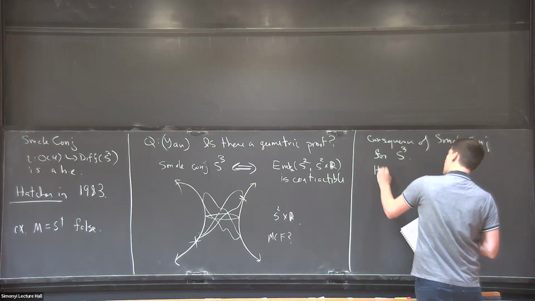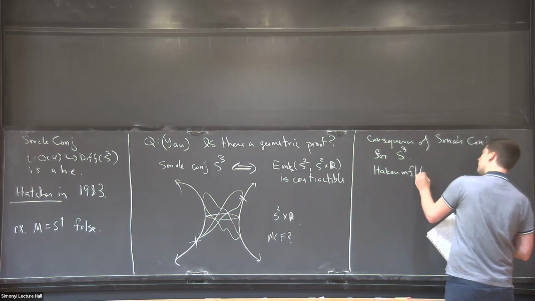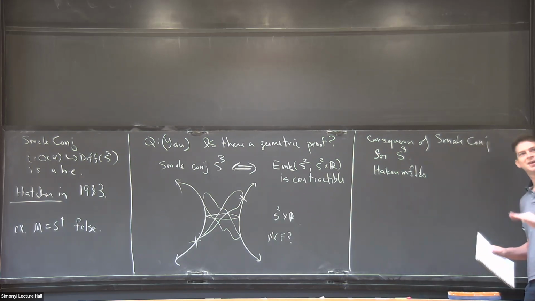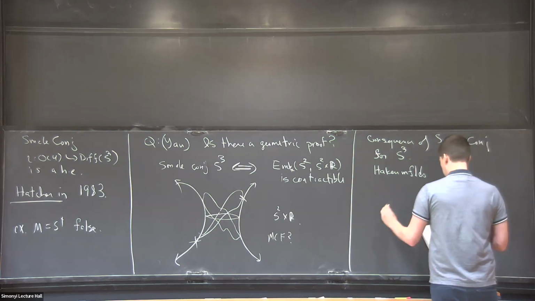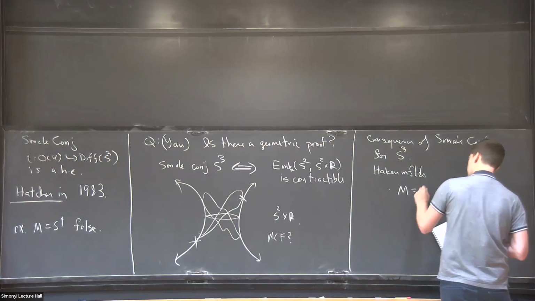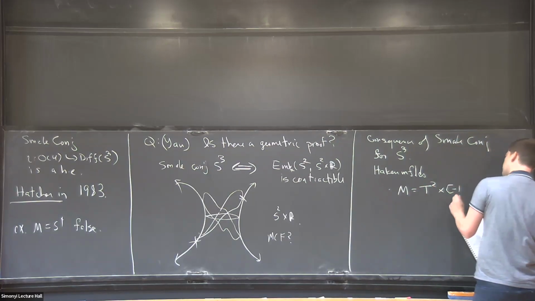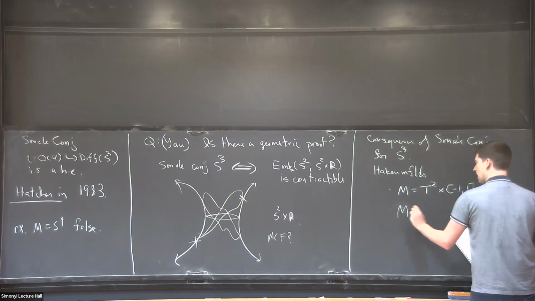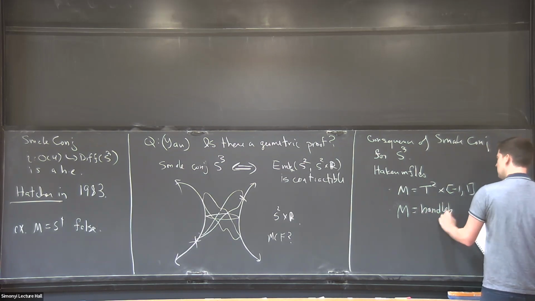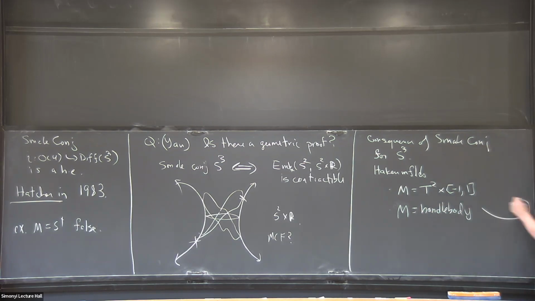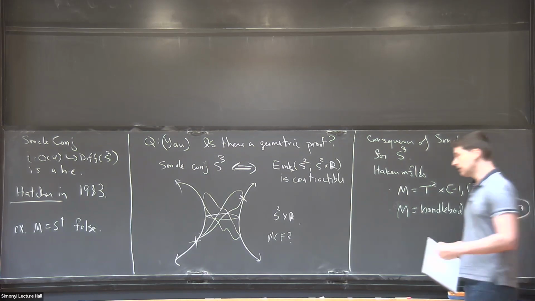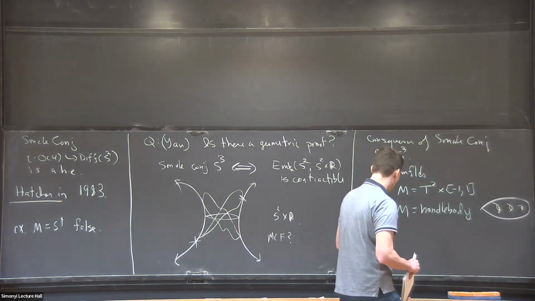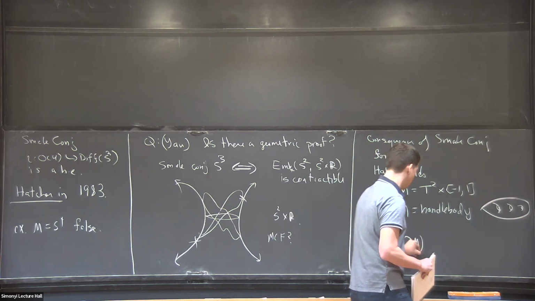Okay, so I won't say the full statement, but we need the following. So this is for Haken manifolds. Let me not even define it. It just means that there's an incompressible surface in the manifold. So here's two examples. If I take M to be just T2, or really any surface cross the interval, or I take M to be a handle body, right? So just the neighborhood of a graph, something like that. Then the diffeomorphisms of these spaces are retractable, fixing the boundary. So for both of these spaces, the diffeomorphisms of M which fix the boundary pointwise is contractible.